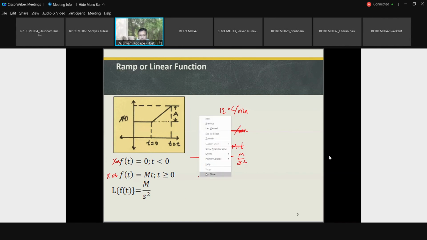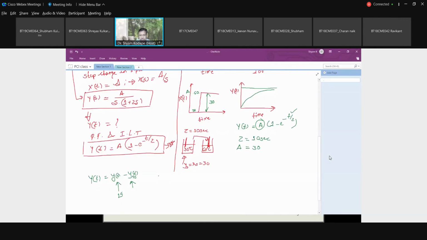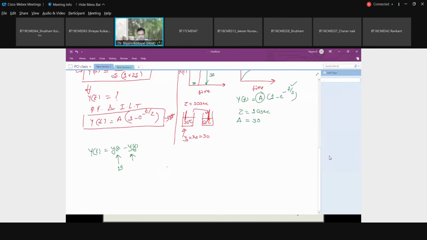Okay, so we can rewrite it again like this. ये इक्वेशन हमारा ये है, ओके, इसका स्लोप है m. If slope is m, this will be the xt, this is the time. Okay, what will be the equation of xt?